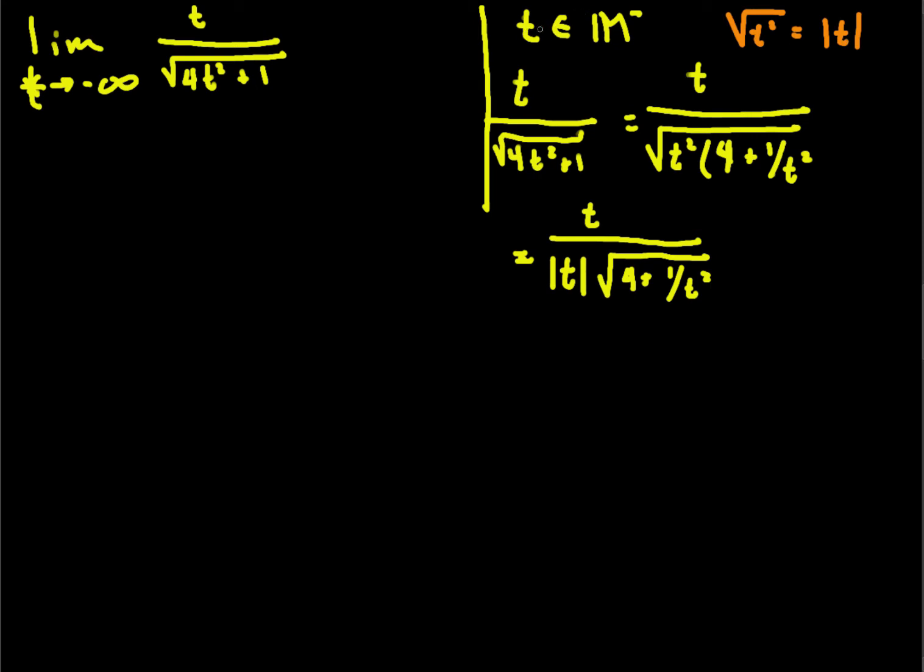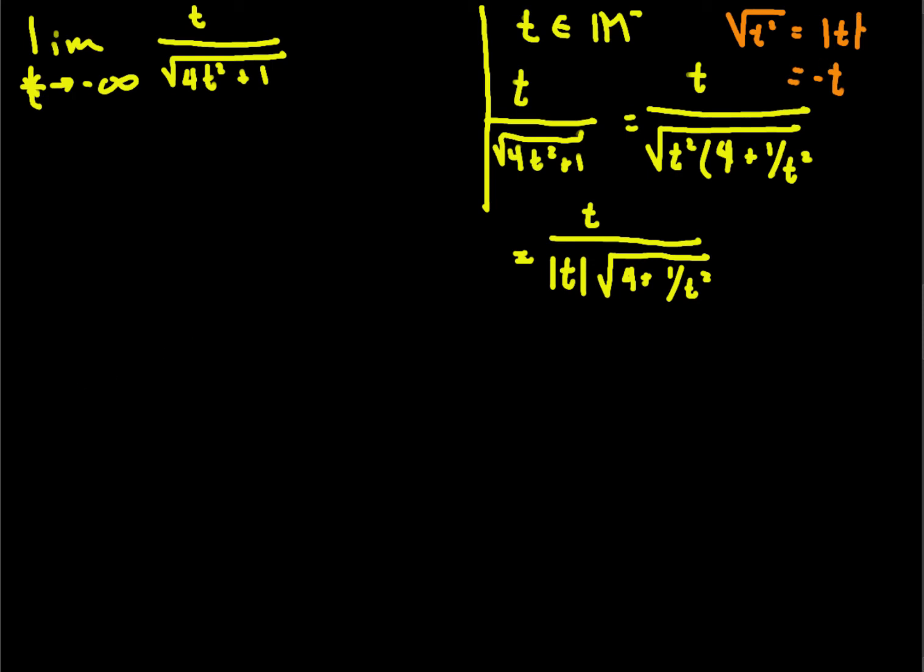Well, t is a negative infinite number. So in this case it is negative t, right? That's how I can make it positive. T is a negative number. To make it positive, I need to multiply by negative 1. So the absolute value of t is negative t.